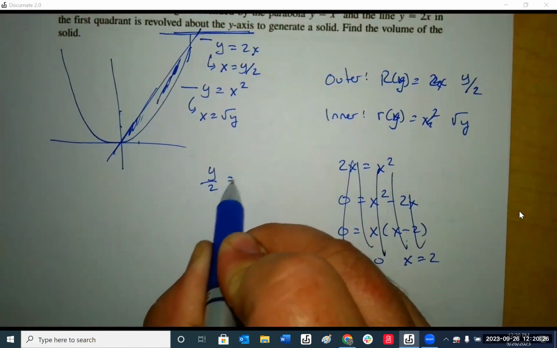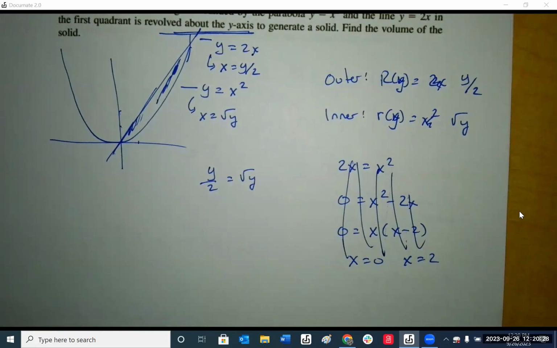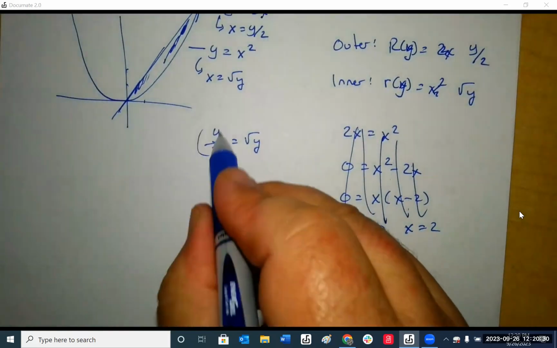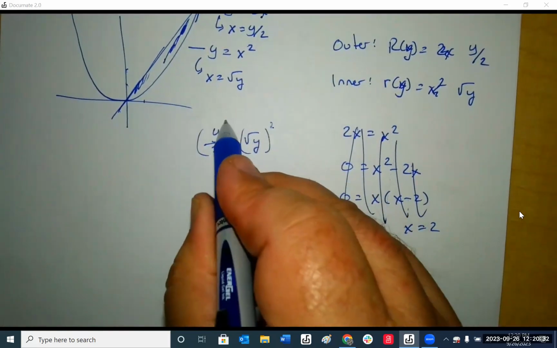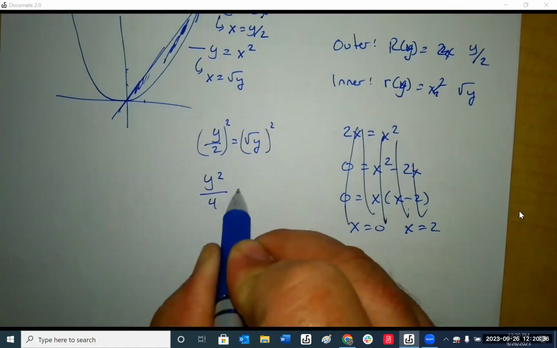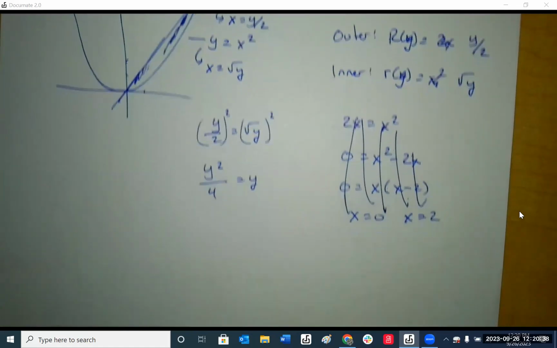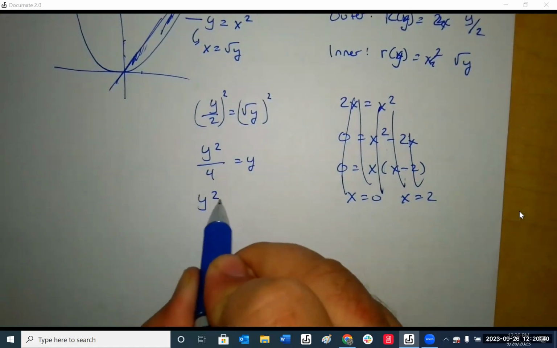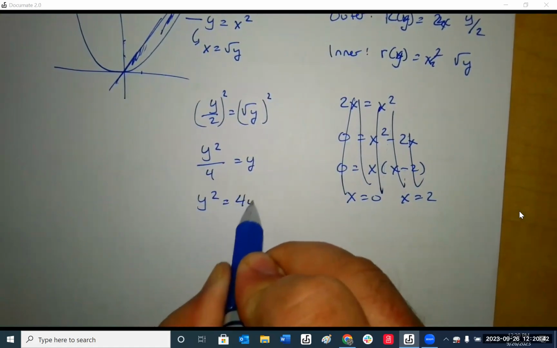Y over 2 equals square root of y. Square both sides. Y squared over 4 equals y. Y squared equals 4y.